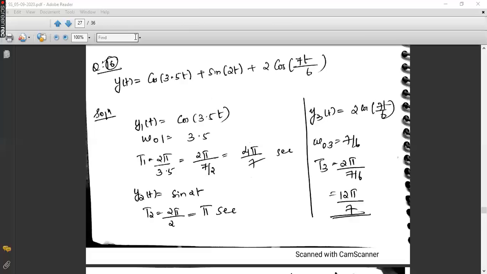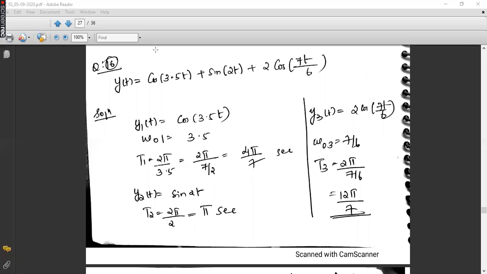Now come to the second term, y2 of t. y2 of t is sine 2t. Nidhi, speak.